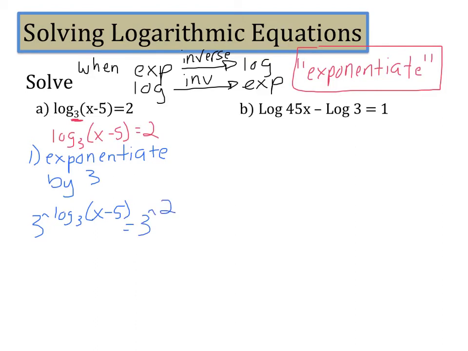Notice I exponentiated both sides. I'm taking both sides, and I have this 3 as my base, and I'm bringing these up to be exponents. So when I do that, this right here is going to go away. And I'm just going to be left with x minus 5 equals 3 squared, which is 9. And x is going to equal 14.